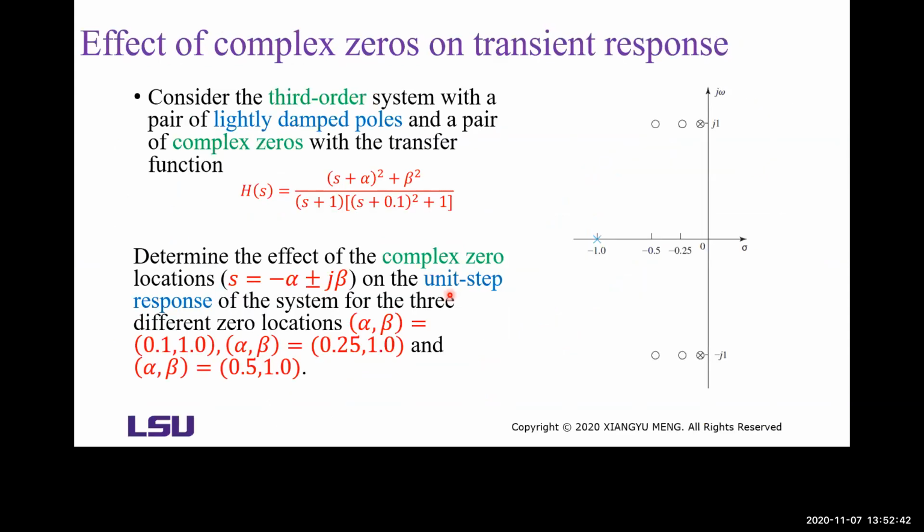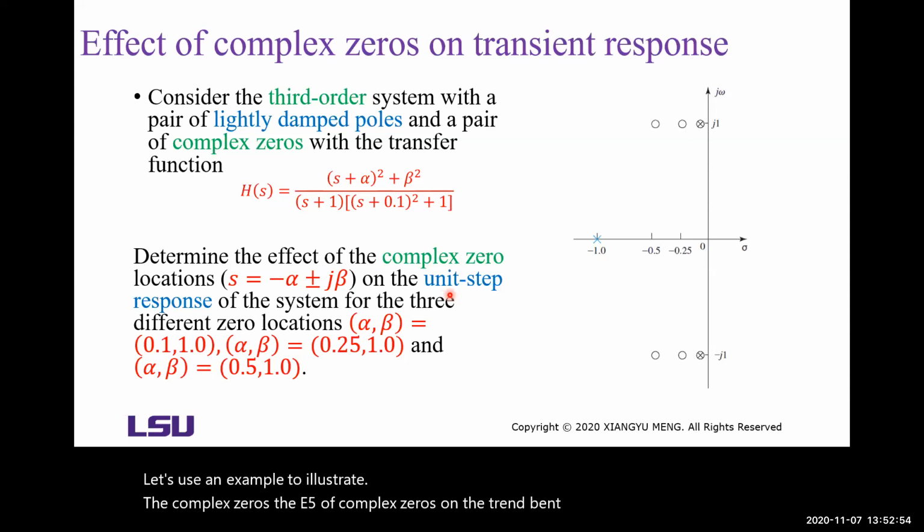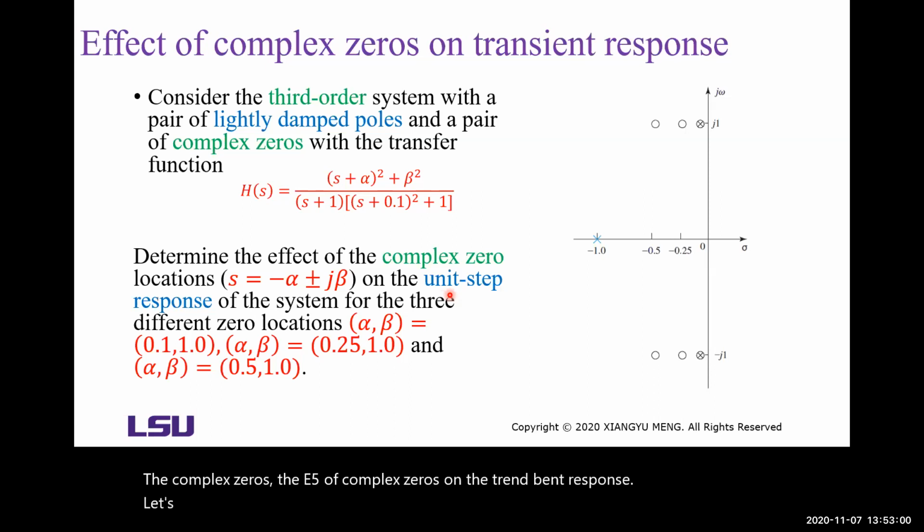Now let's use an example to illustrate the effect of complex zeros on the transient response. Let's consider a third order system with a pair of lightly damped poles.